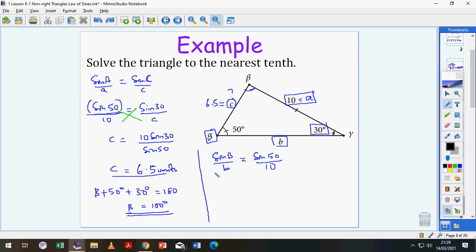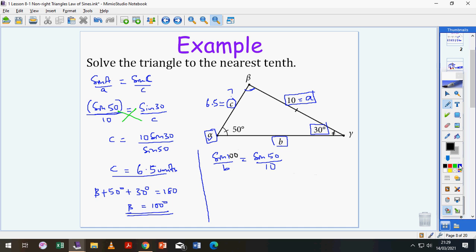We know what B is, so we can just go ahead and fill it in. B is 100 degrees. Then all of the stuff I've been going on about can work.